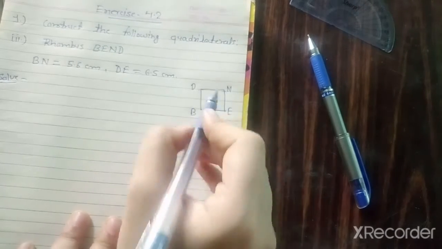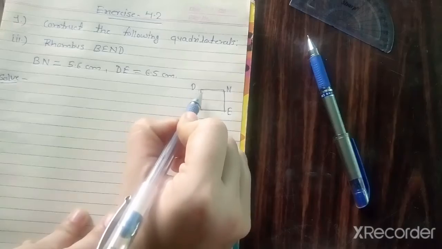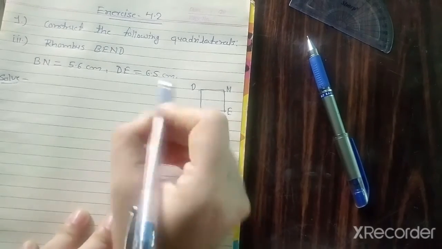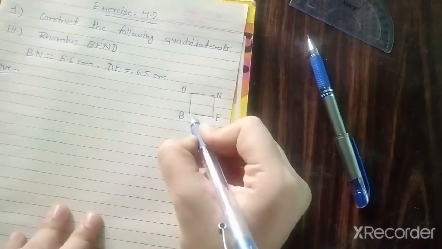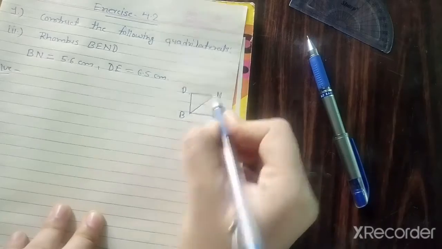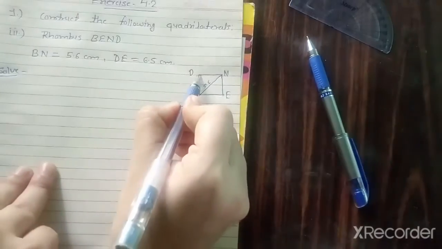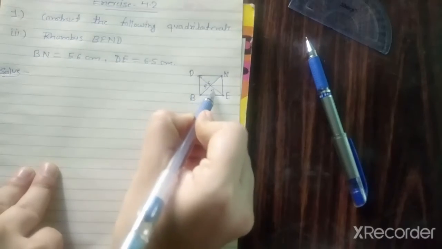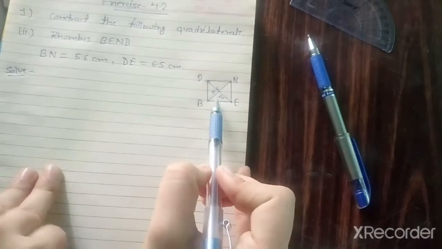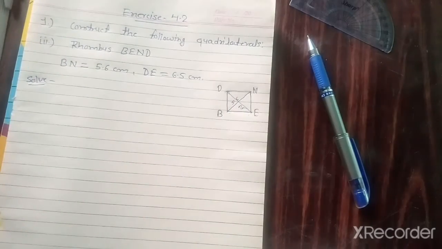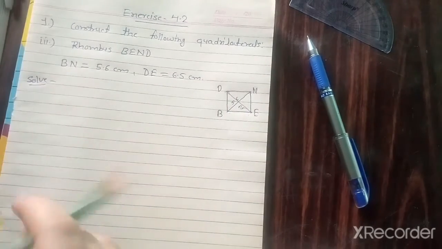All sides are equal and the diagonals intersect each other perpendicularly. So BN equal 5.6 centimeter and DE equal 6.5 centimeter. In this rhombus, two diagonals are given. So first of all, we construct this rhombus.